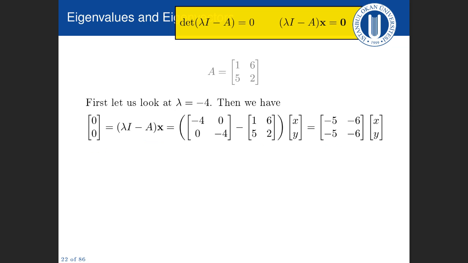The top line says minus 5x minus 6y is equal to 0. And the second line says exactly the same thing. Minus 5x minus 6y is equal to 0.